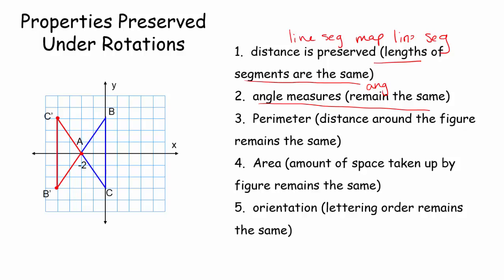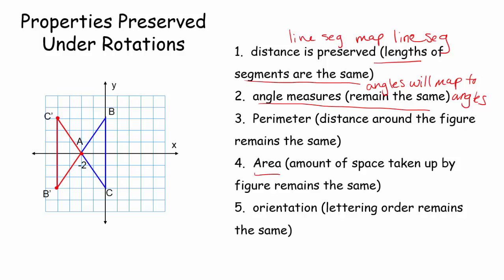So angles will still map to angles. Perimeter must stay the same because my distance around the figure remains the same because my line segments are the same. My area has to stay the same because if my angles are the same and my line segments remain the same, the area inside the figure stays the same.